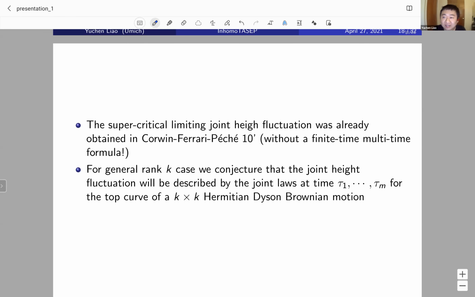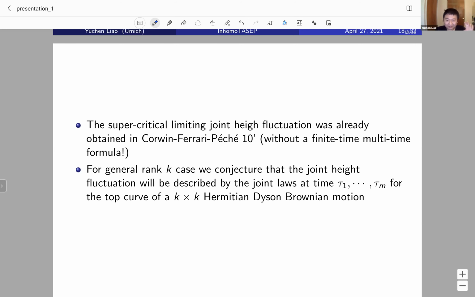For general rank K, I did not make the calculation explicit, but I expect it will just fluctuate like the joint largest eigenvalue over time of a K by K Hermitian Dyson Brownian motion, essentially. Or maybe more intuitively, it's like you are running a Brownian last passage percolation with only K levels, and then you are looking at the distribution of the last passage time at time locations tau 1, tau 2 through tau m, something like that.